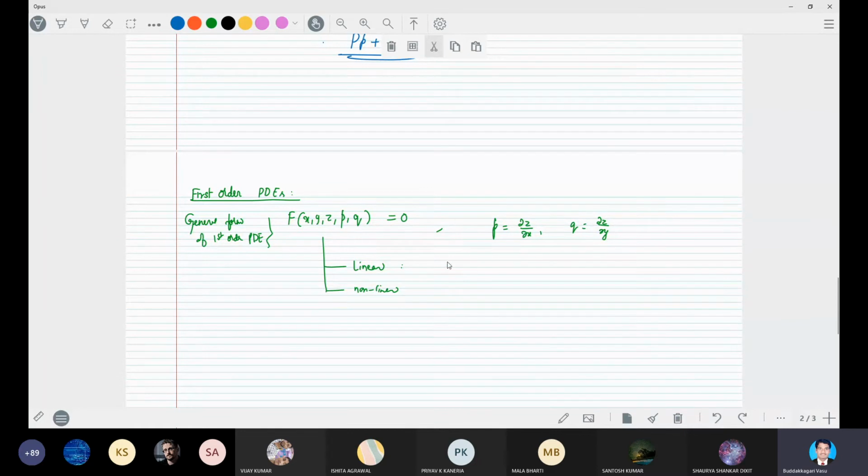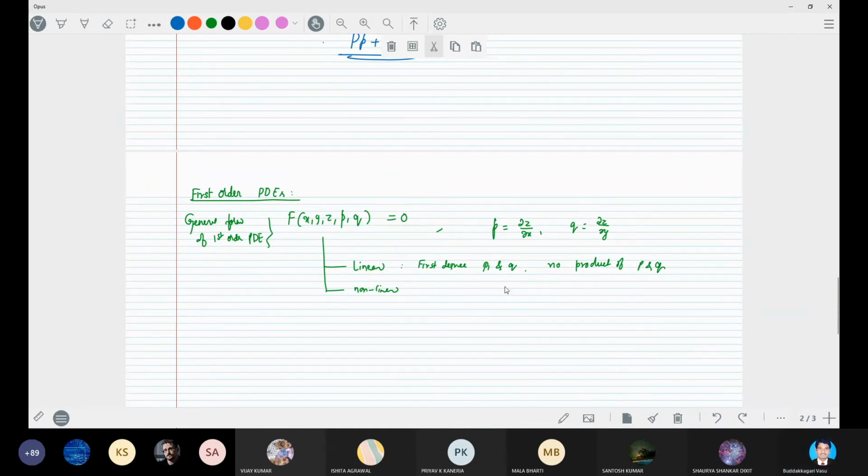If the differential equation is first order, first degree, not involving higher degree terms of p and q, and also no product of p and q, then that differential equation is said to be linear.